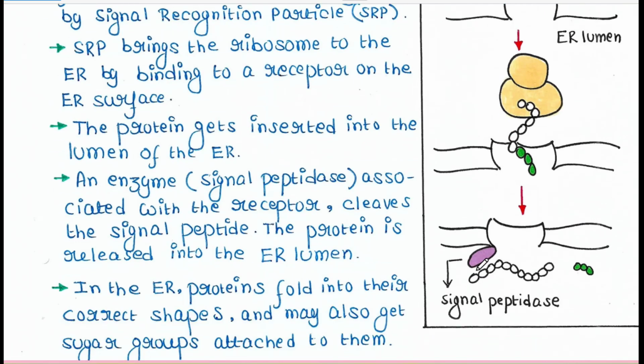Now here is an enzyme. This is signal peptidase. The enzyme associated with the endoplasmic reticulum receptor cleaves the signal peptide. So the signal peptide is now cleaved and the protein is released into the ER lumen.